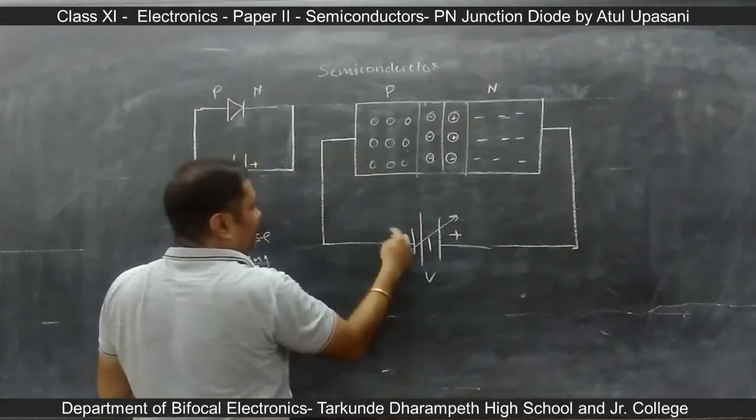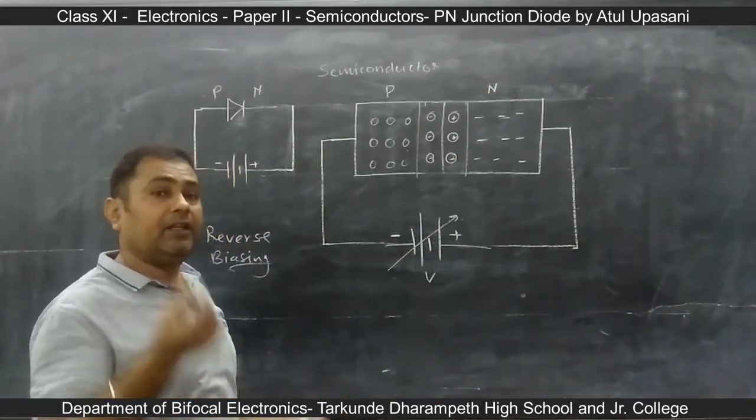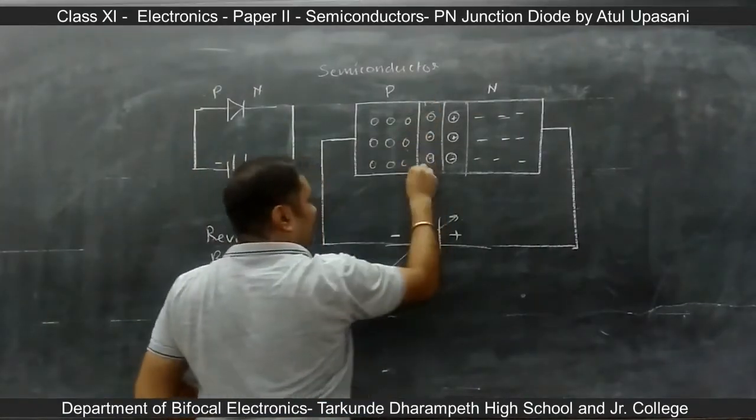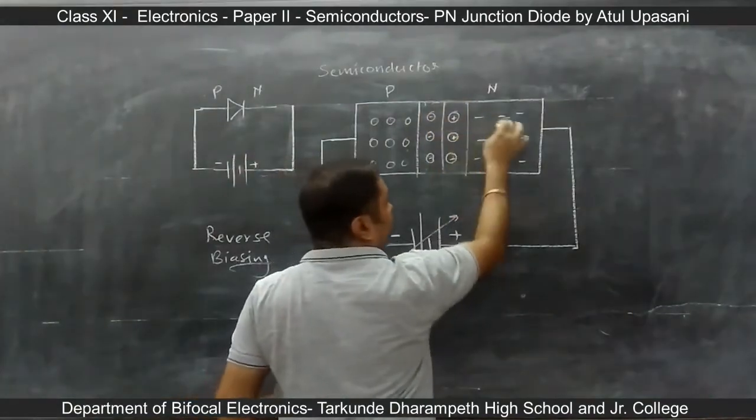Here, if electrons and holes recombine, what is happening? There is a formation of ions. At the junction, there are already negative ions on the P side and positive ions on the N side.